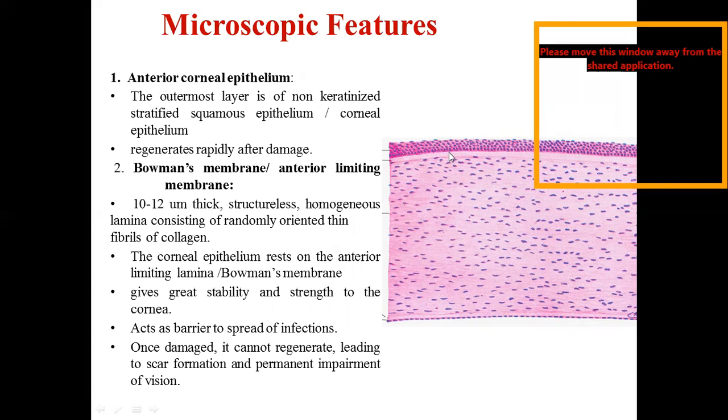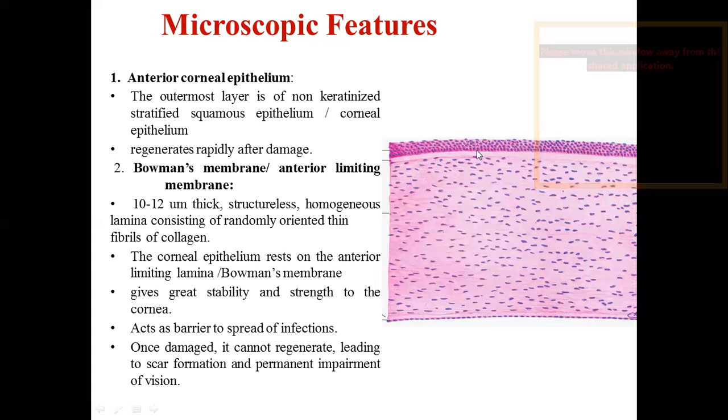Then beneath that is Bowman's membrane, or the anterior limiting membrane. It is quite thick, 10 to 12 micrometers thick, a structureless, homogeneous lamina. It has randomly oriented thin fibers of collagen. The epithelium rests on this membrane.